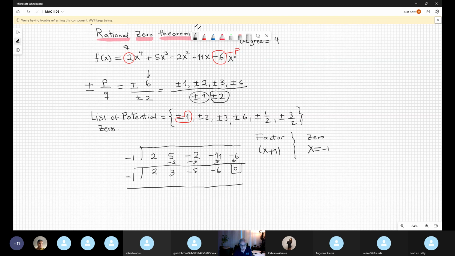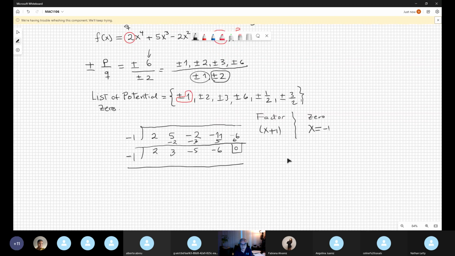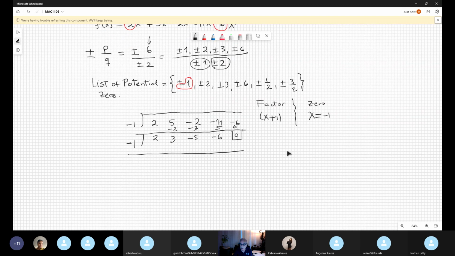You say, Professor, but how do you know? Well, suppose I spend 24 hours doing this problem. I try every combination, and it doesn't work, but negative one worked, negative one again worked. Let's try. You bring down 2. 2 times negative 1 is negative 2. 3 minus 2, not negative, is 1.